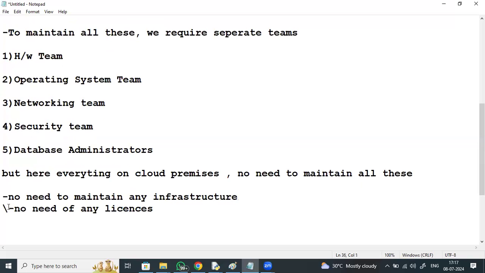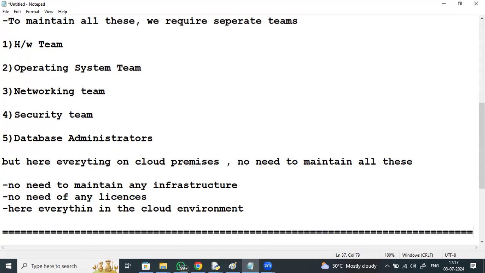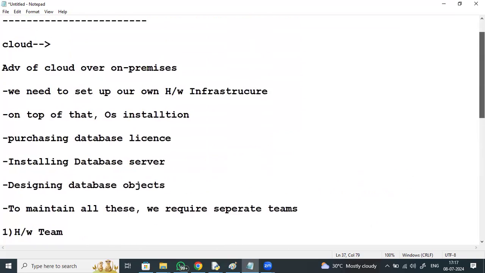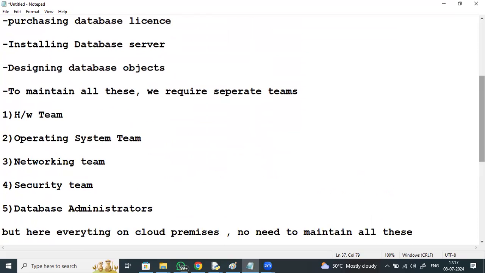Everything is in the cloud environment. So the advantage of cloud over on-premises is that instead of maintaining all these things, everything is in the cloud premises.